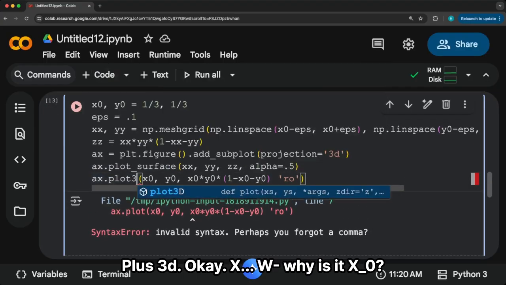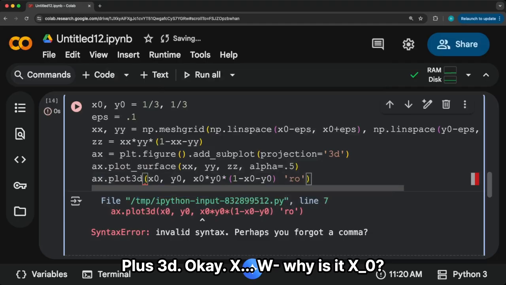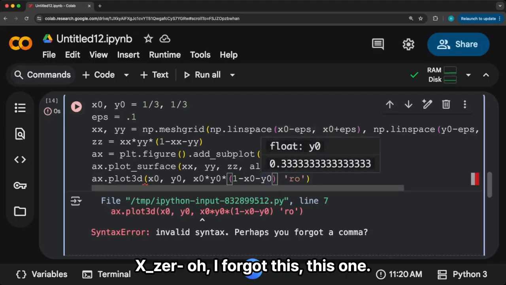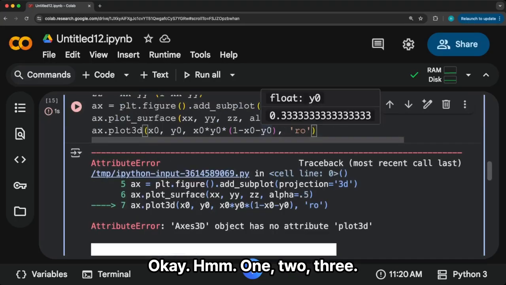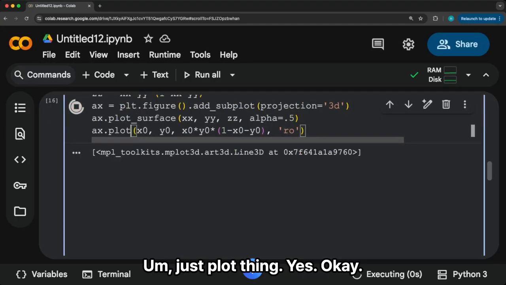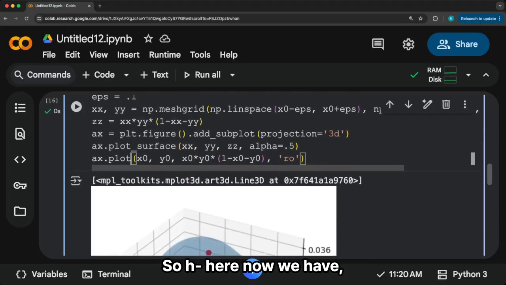Plot, what is it, plus 3D? Oh, I forgot this one. Okay. 1, 2, 3.